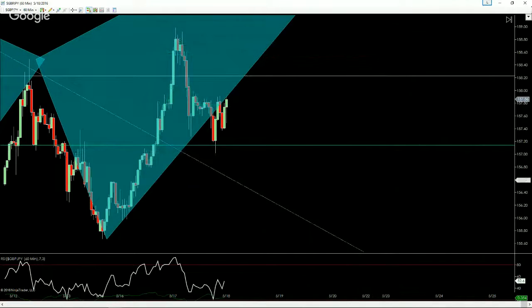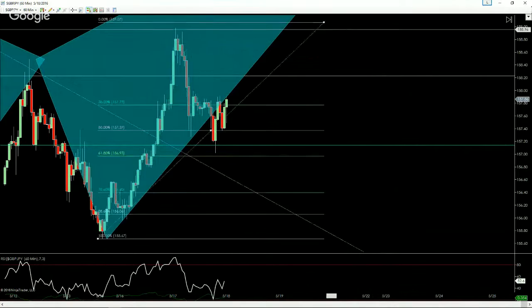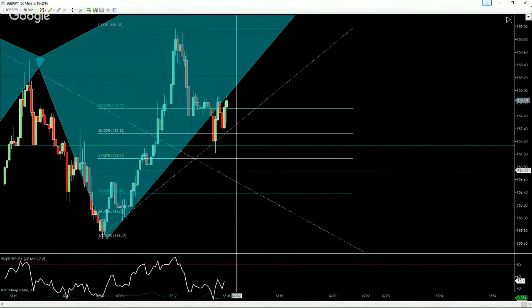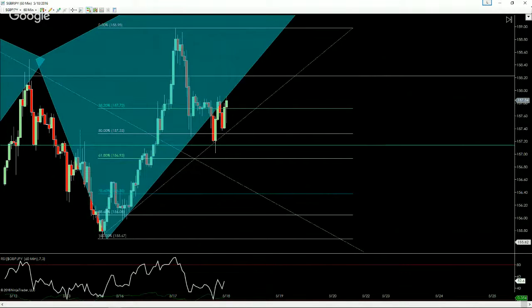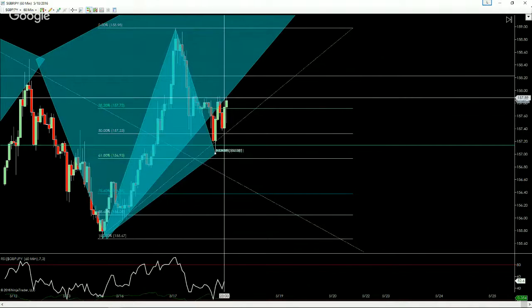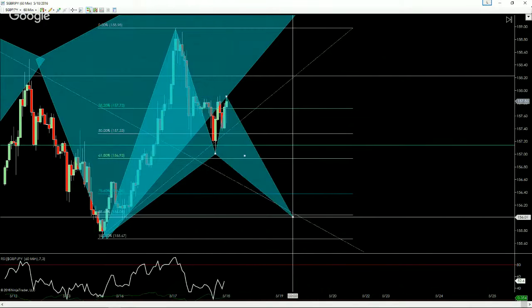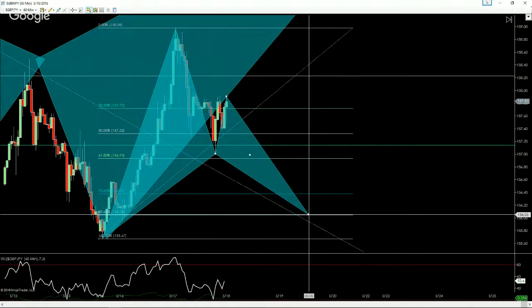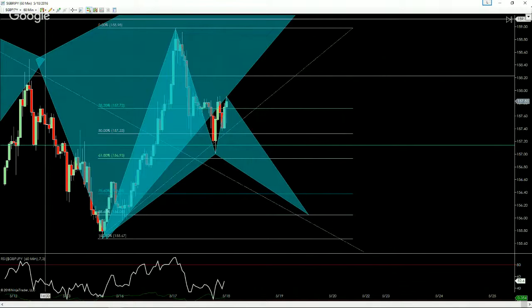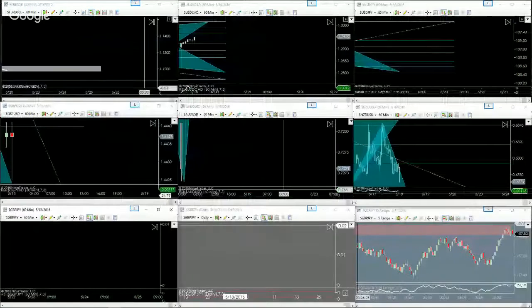Yep. If price stalls a little bit and comes down to this 886 retracement, we could be looking at another smaller bat pattern trading opportunity right there.